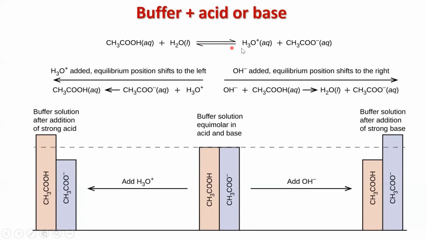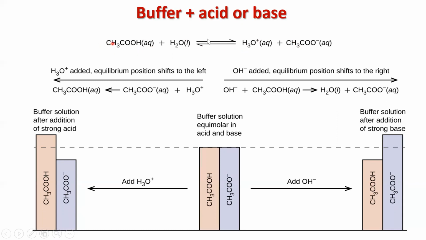If we add a base to it, the base is going to react with the acid component of the buffer solution, and the reaction is going to go in this direction. We're going to increase the acetate ion concentration and decrease the acetic acid concentration.